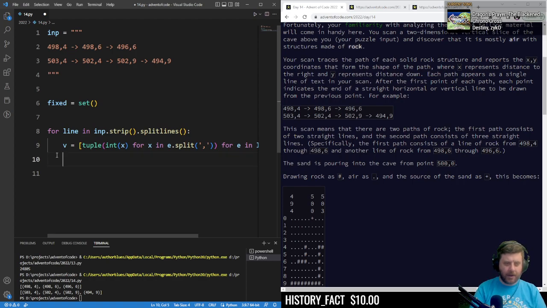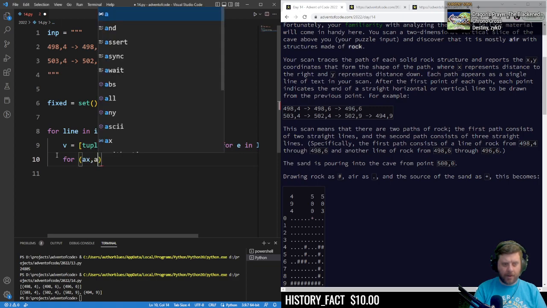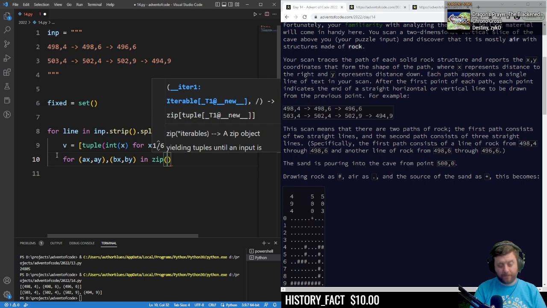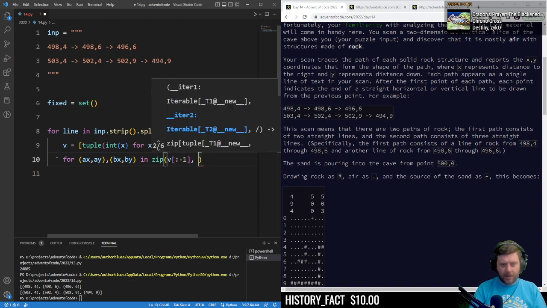I can just say, for ax, ay, bx, by in zip of v going up to but not including the last element, and v starting at the second element.